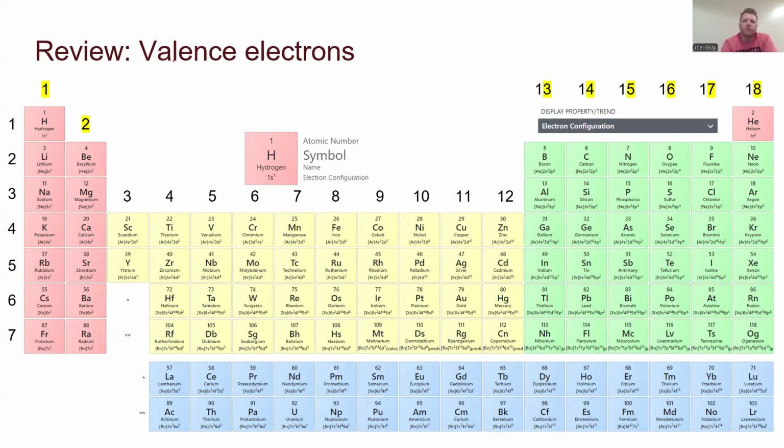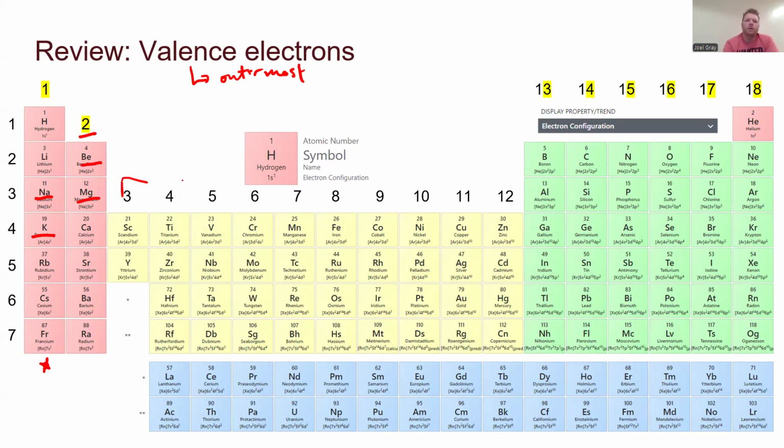As a review, valence electrons are the outermost electrons, and different elements have different numbers of them. In group one, sodium or potassium each have one valence electron. Group two, beryllium or magnesium, have two valence electrons.